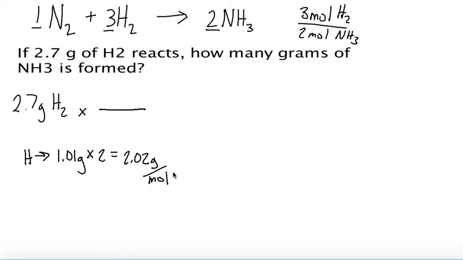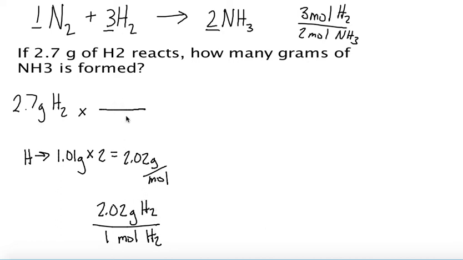So I'm going to plug this in. Remember, we can rewrite this as just like this. We can write it out the long way, 2.02 grams of H2 for every 1 mole of H2. Okay, that's the same thing. And this is how we're going to plug it in here.